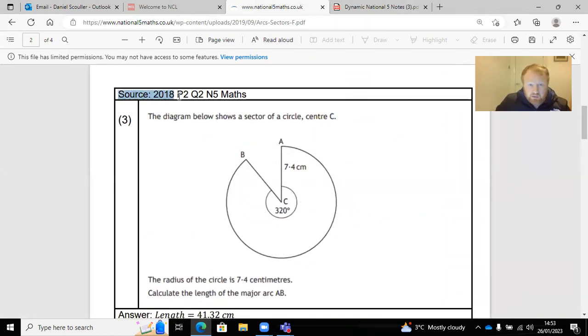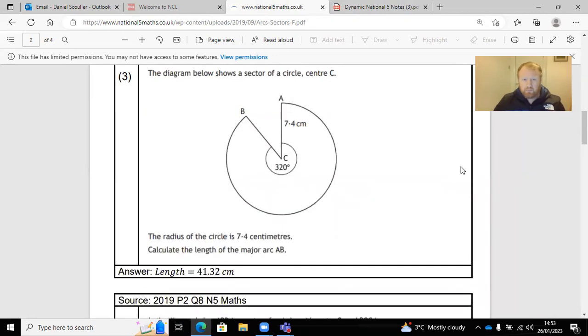Just write down 2018 paper 2 question 2. When you look through your notes, that will tell you to refer back to that and it will make more sense. So don't try and draw this out, we'll just go through it.